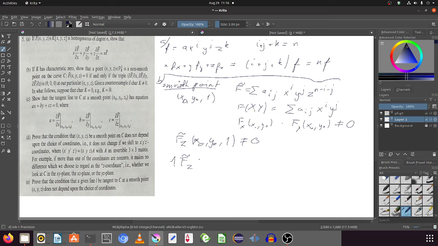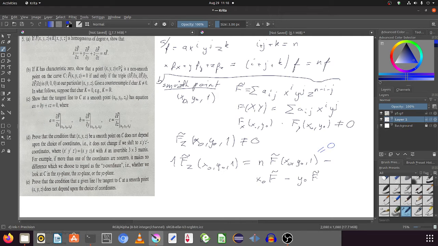So we multiply it by z and use the equation above. Now this vanishes because the point lies on the curve.